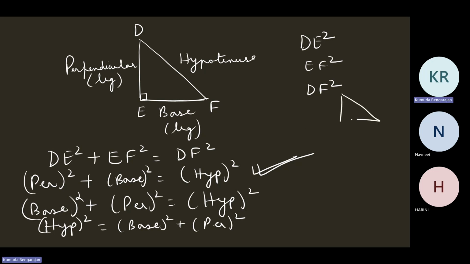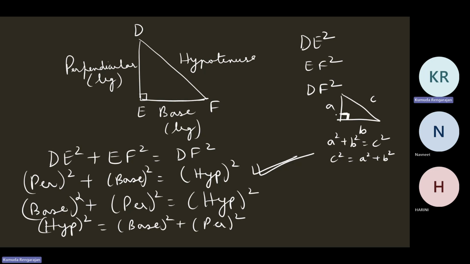So if I name the sides like this, A, B, and C, A square plus B square is equal to C square, or C square is equal to A square plus B square. See, you can see it's a right triangle.